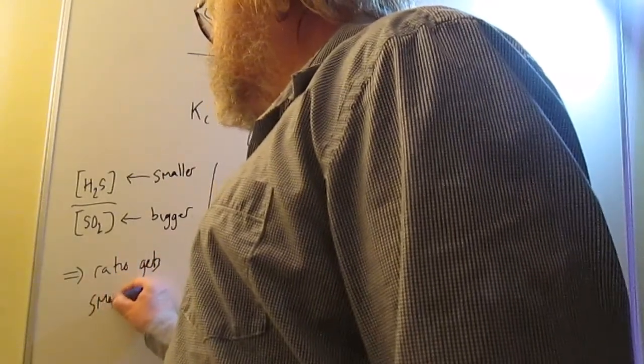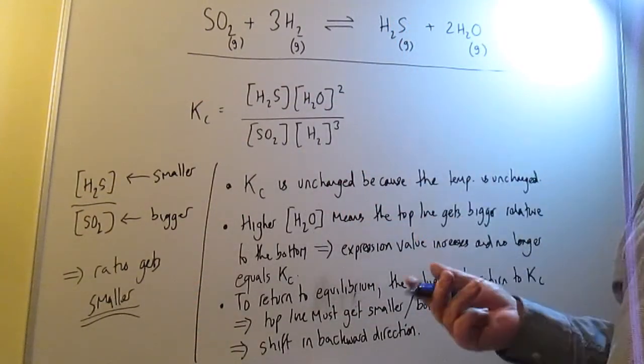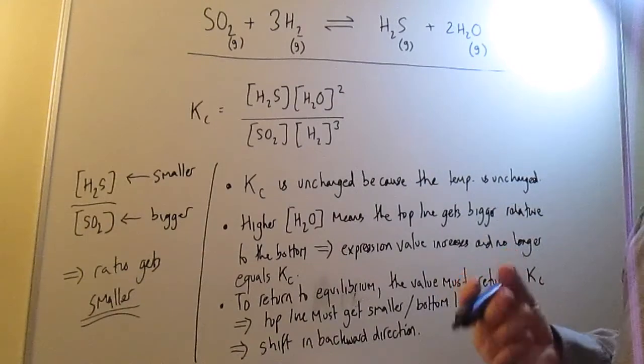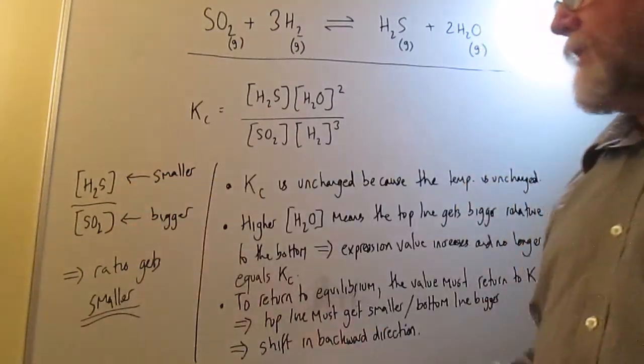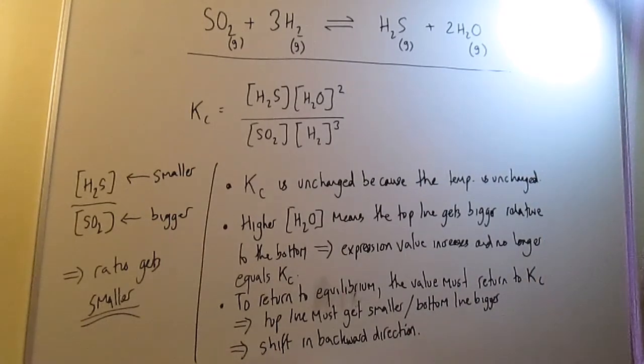And you need to say that, or you need at very least to say the H2S gets smaller and the SO2 gets bigger. You might get away with just saying that, but it did actually ask you about that ratio, so you should really comment on that number itself and say that gets smaller. And that's the answer.